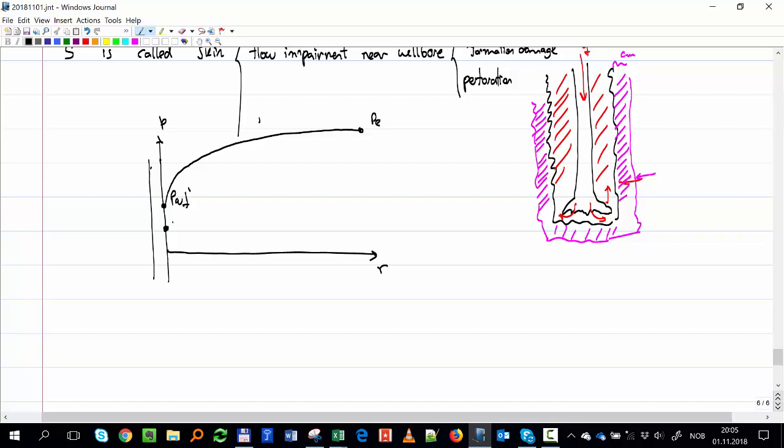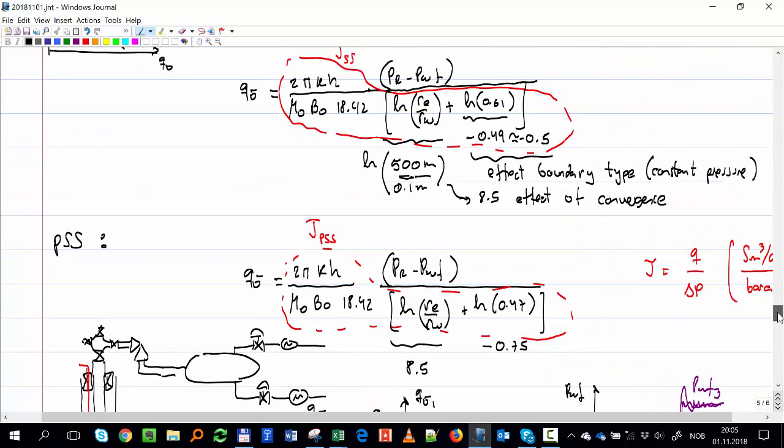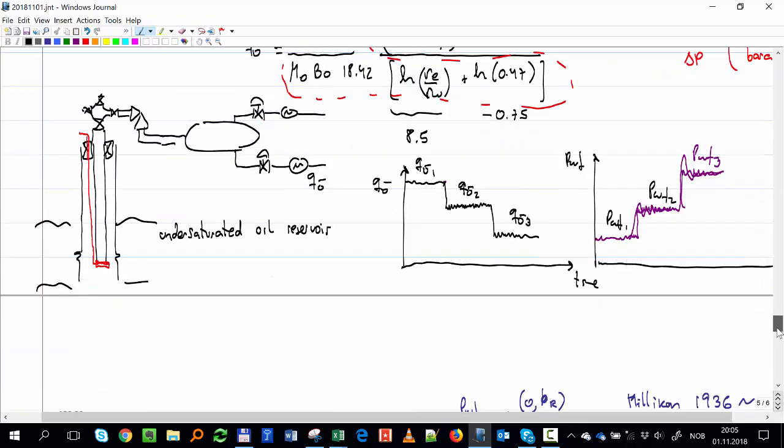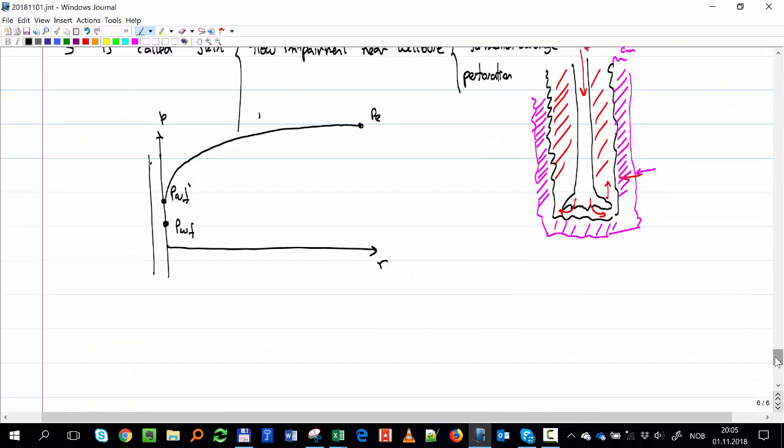In reality, when you flow at that rate, you need a lower pressure, which is the real PWF. The one that you predicted from your equation says, well, to produce that rate without any skin, any damage, I will need this pressure, but then you start flowing and you actually have this pressure.